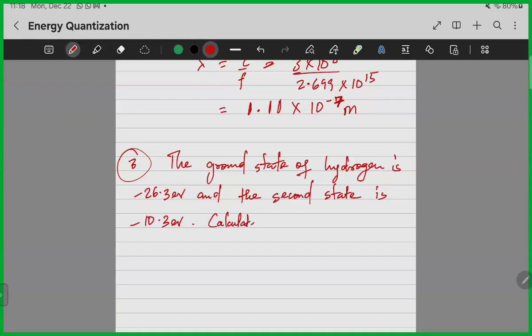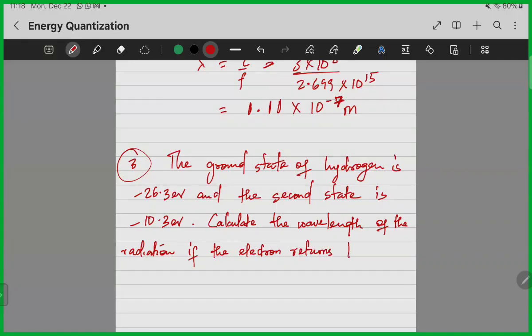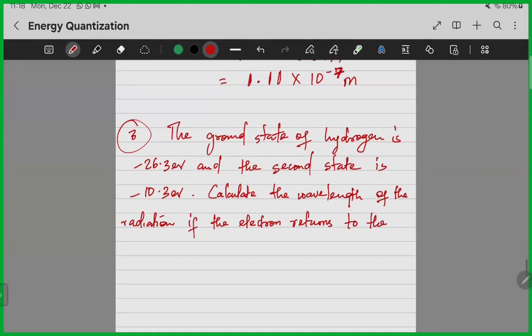Calculate the wavelength of the radiation if the electron returns to the ground state.